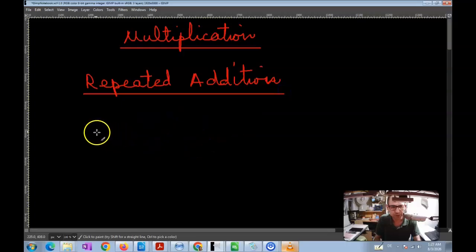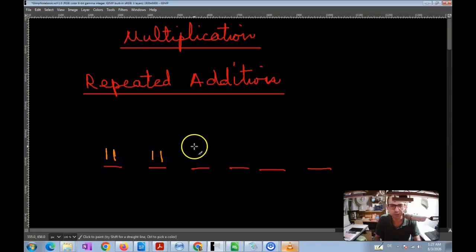Suppose that you have all of these different seats over here, and we have 6 of them. In the first seat, 2 people can sit. In the second seat, 2 people can sit. In the third seat, 2 people can sit, and again 2 people and 2 people and 2 people, right?